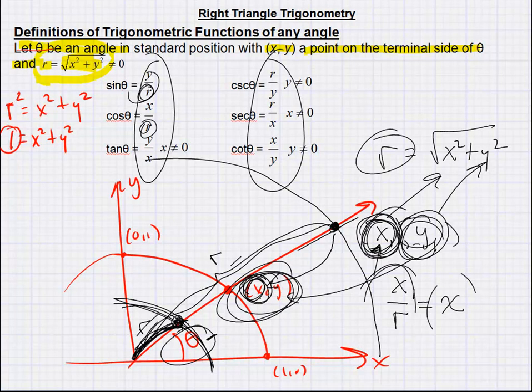So from this point on, assume that you're not working with a unit circle, and you can't just say sine of theta is equal to y, cosine of theta is equal to x, and so on. You have to think about it in these new formulas: sine of theta equals y over r, cosine of theta equals x over r, etc.